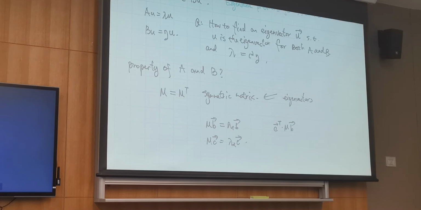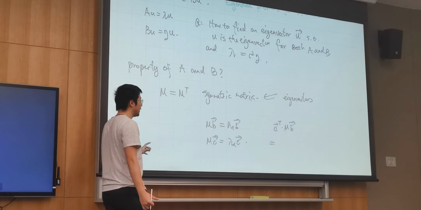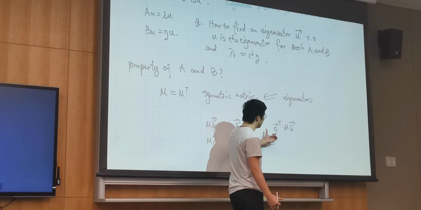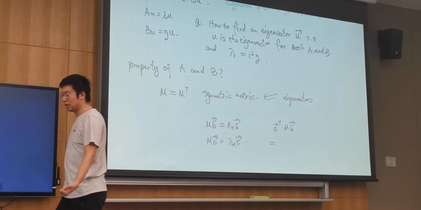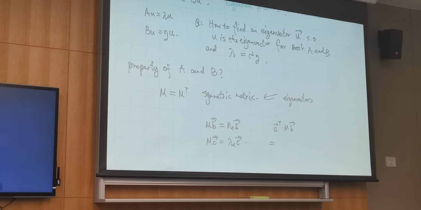Because of matrix multiplication, I can put the brackets anywhere. On the one hand it equals C transpose multiplied by MB, which also equals C transpose M multiplied by B.